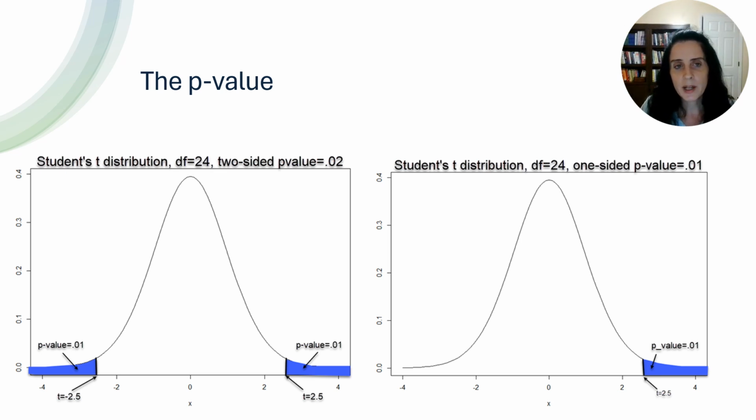Graphically, the p-value represents the areas under the tails on the outside of the t-statistic. For a one-sided test, the p-value is located on one side of the curve. If the test is two-sided, the p-value is at both sides of the t-distribution. The images in this slide illustrate the location of the t-statistic and the p-value in a one-sided test versus a two-sided test.